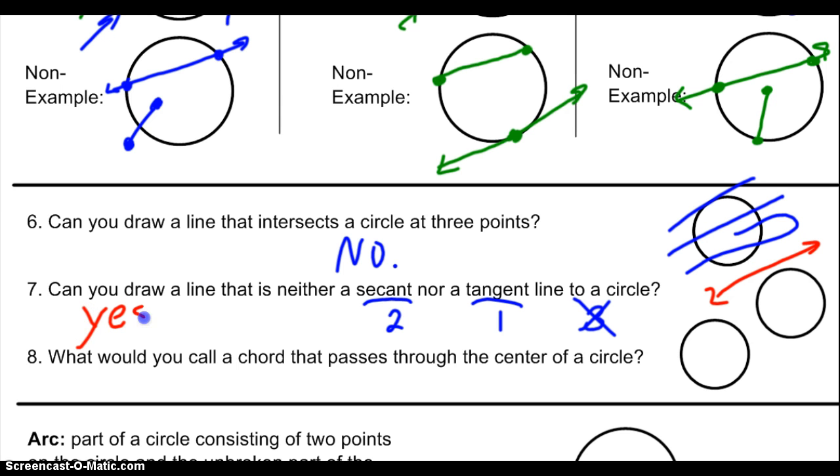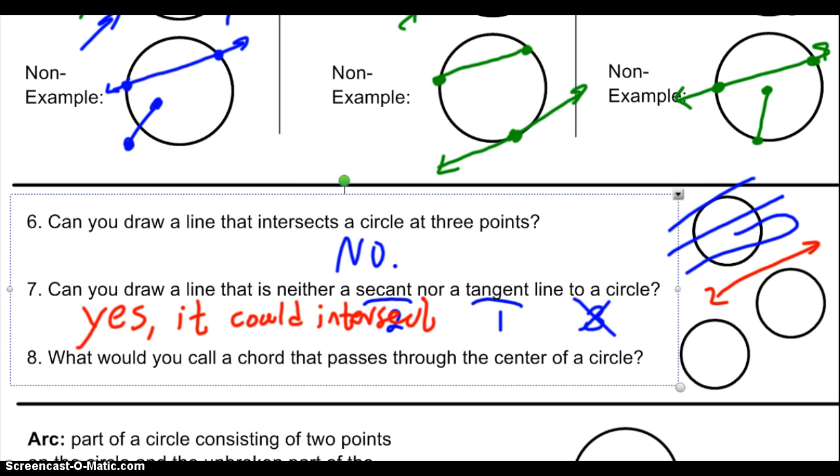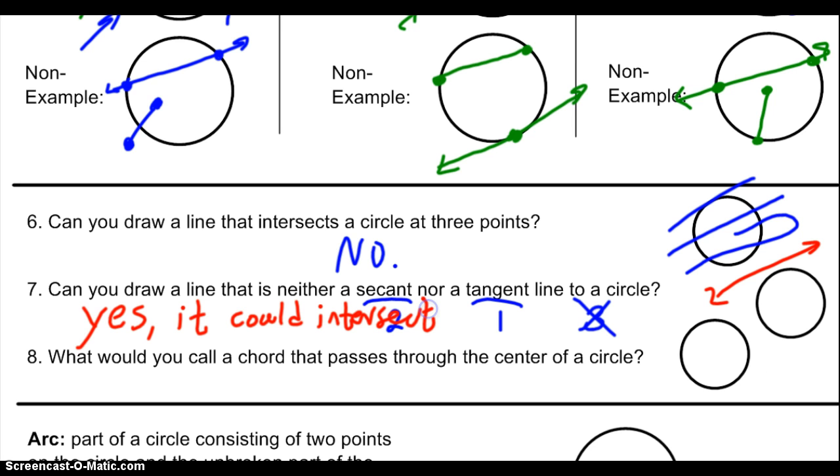Yes. It could intersect at no points. That works. And then 8, what would you call a chord that passes through the center of a circle?